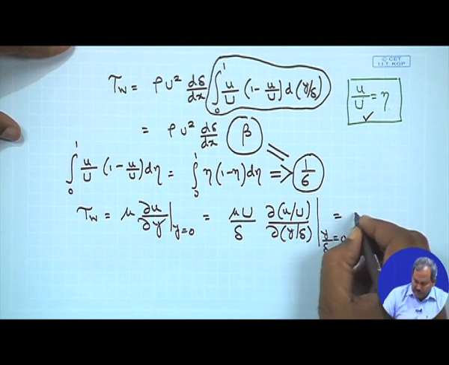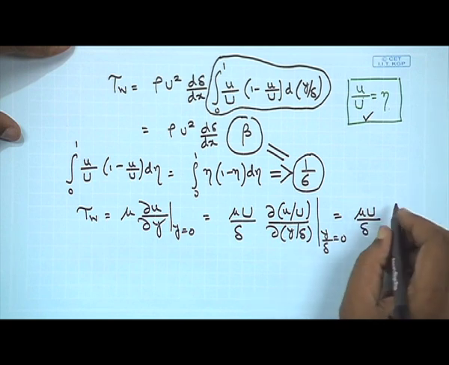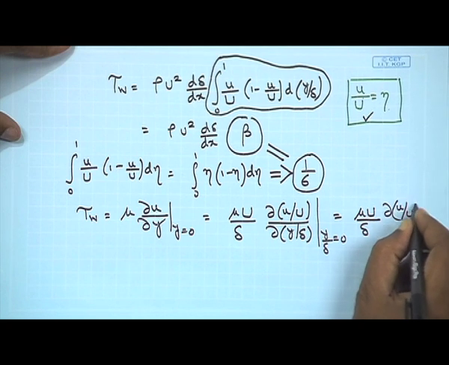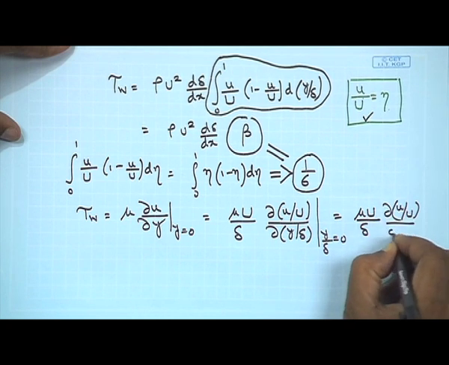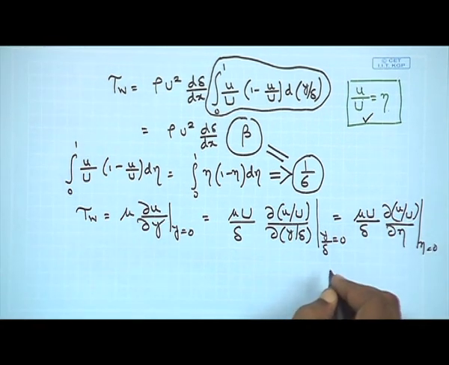In other words, this now becomes mu U by delta, in del u by capital U by del eta at eta equals 0.